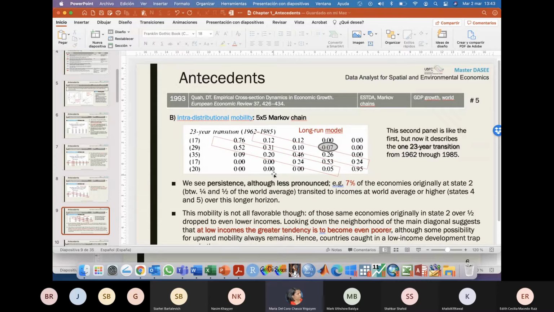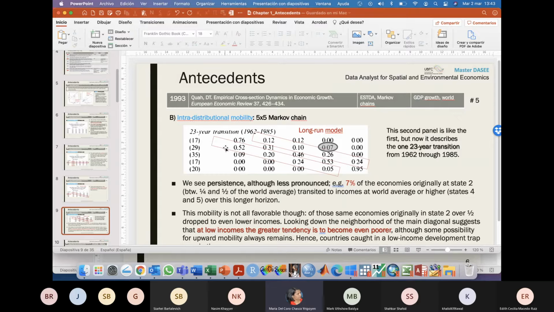However, this long-run mobility is not all favorable. Why is it not so favorable? Of those same economies originally in state 2, over one half dropped to even lower incomes. This is what we see here with this 0.5. So it's really important to analyze these results.